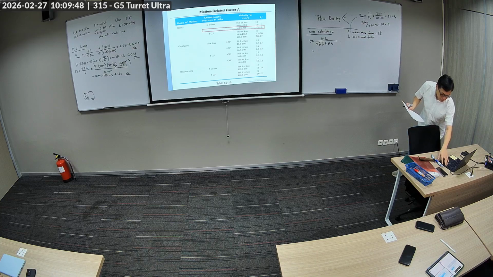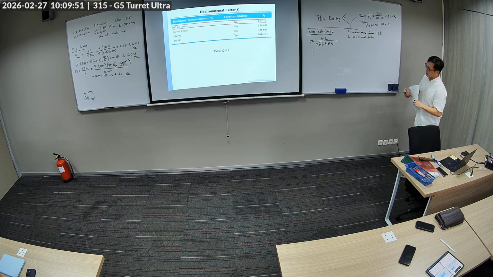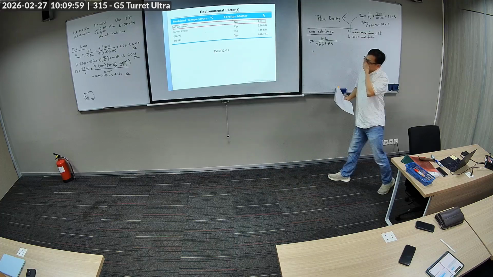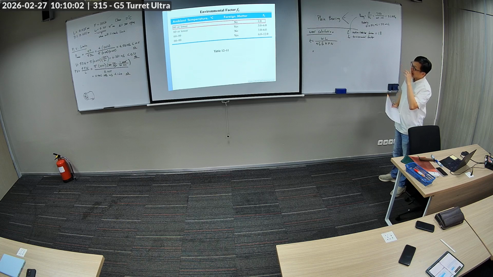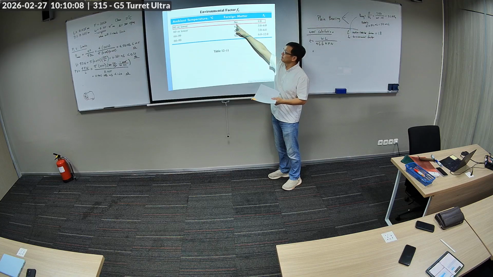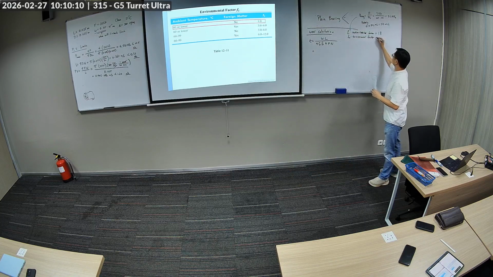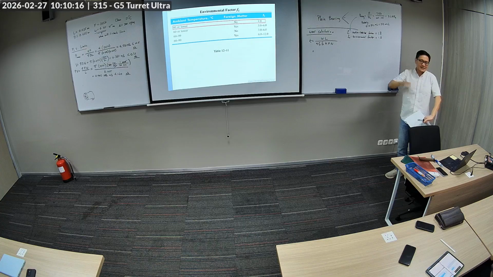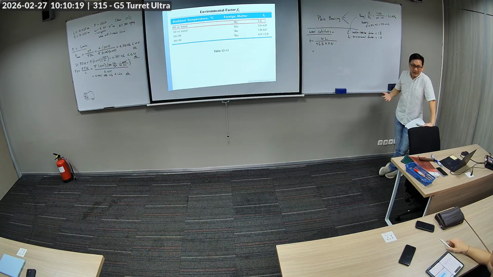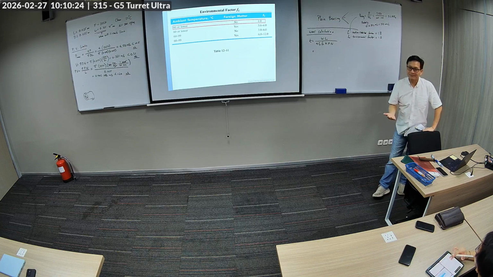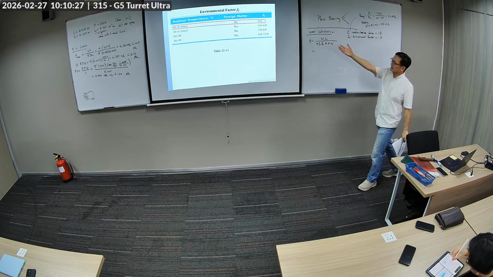Next up is F2. F2 is the environmental factor, and it's determined by the environment. We are operating at 21 degrees Celsius. It's a clean environment, so there is no foreign matter. So F2 is what? What are these numbers really? Well, it's similar to a safety factor or an application factor. The greater it is, the more margin of safety you are taking, right?